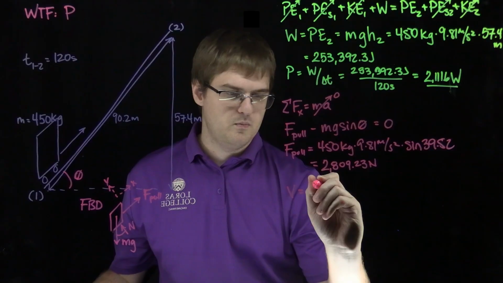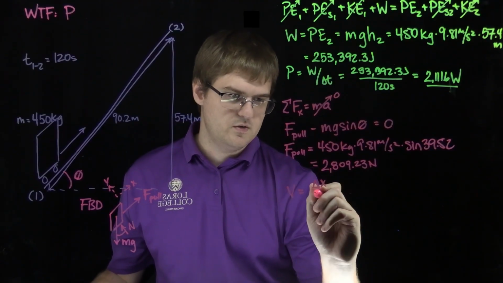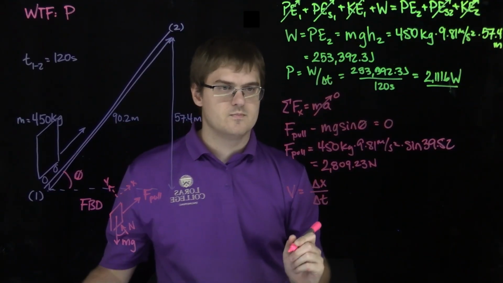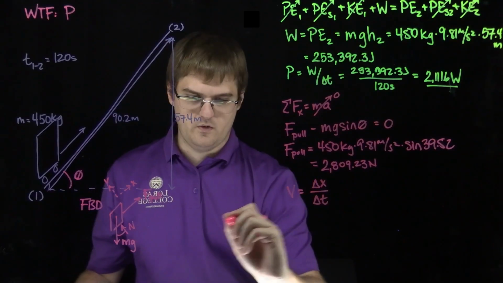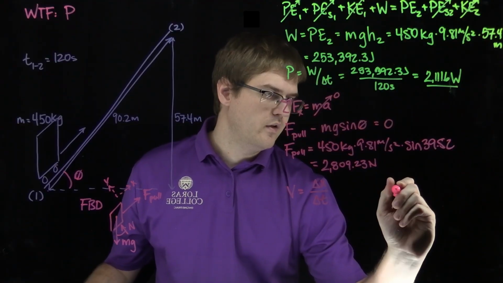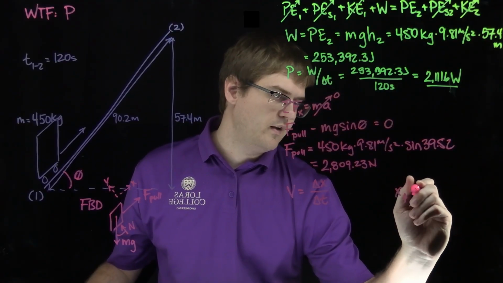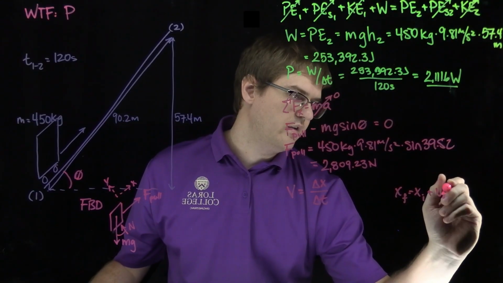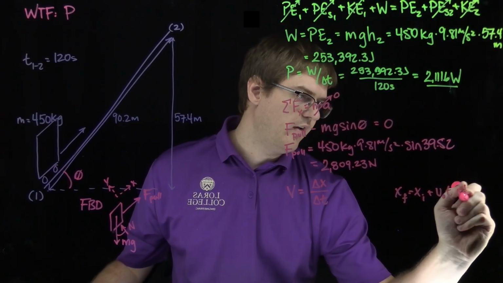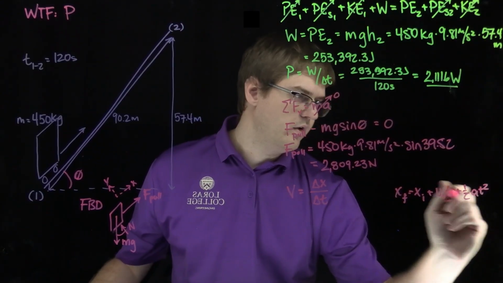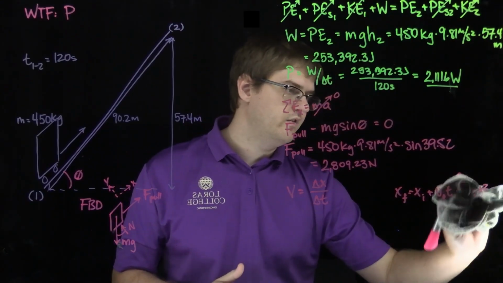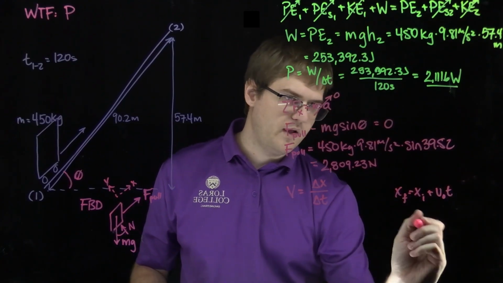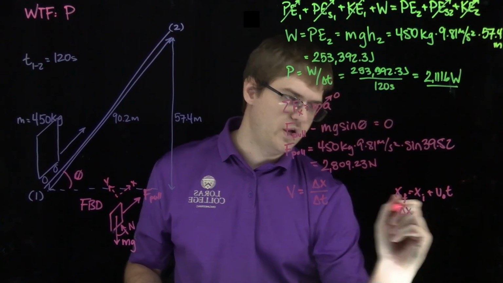Velocity, most basic definition, is distance over time. Again, we can write x final is equal to x initial plus v naught t plus 1/2 a t squared. We say that our acceleration is 0. Our x final minus our x initial is our change in x.